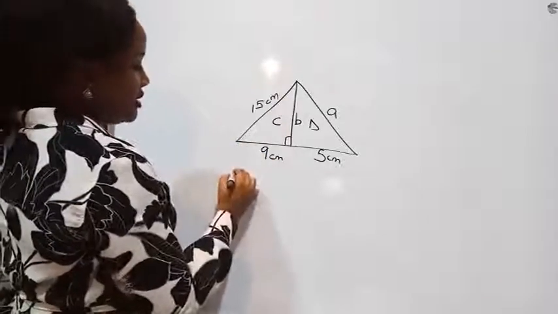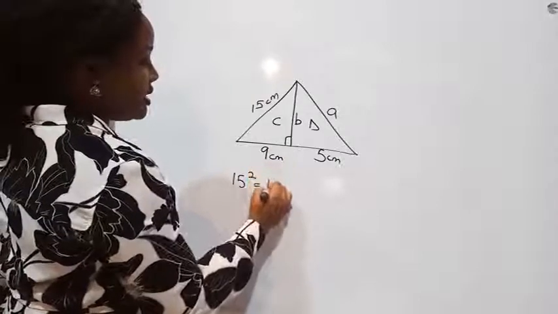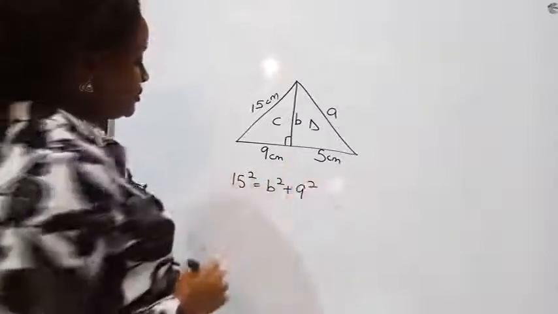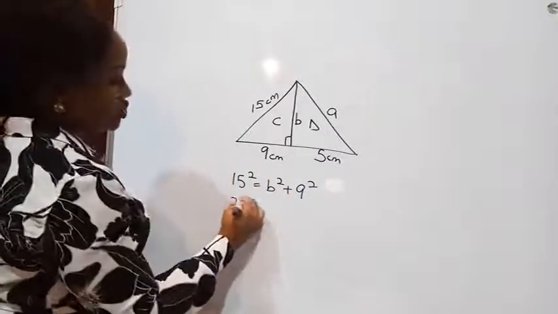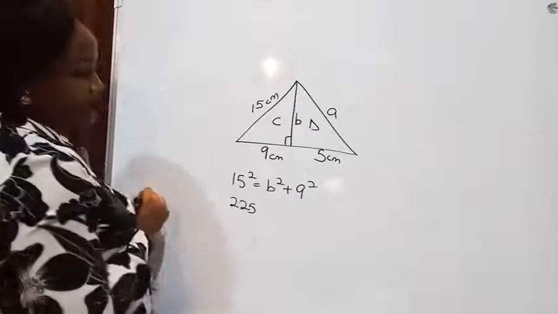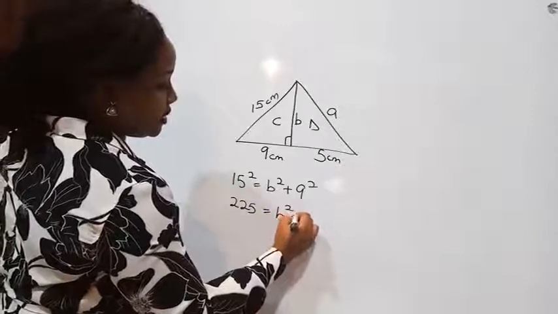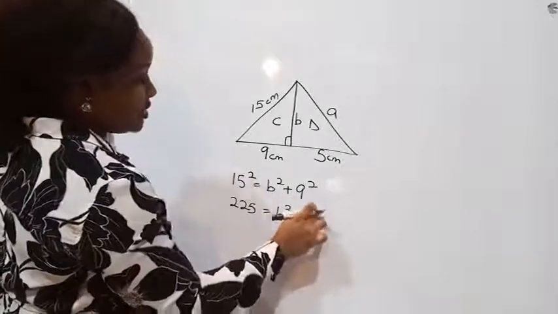So you have 15 squared equals B squared plus 9 squared. So 15 squared is 225 equals B squared plus 81.